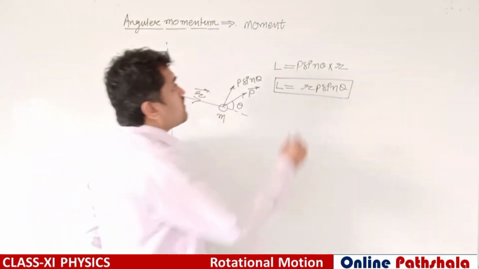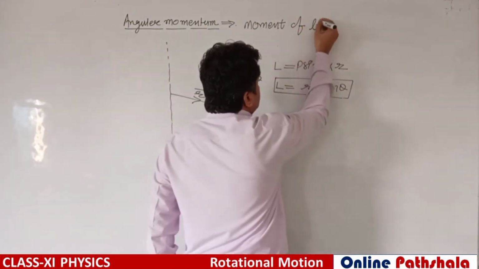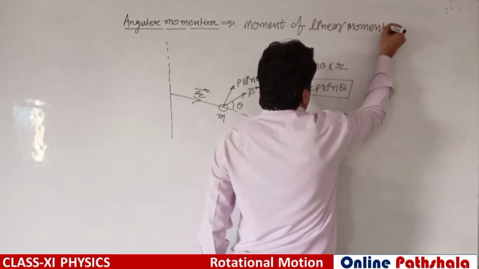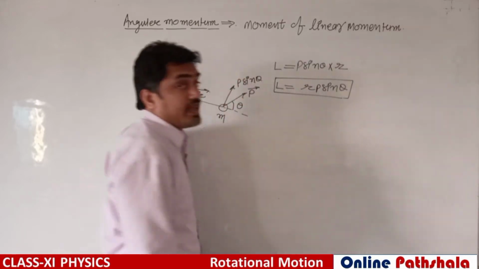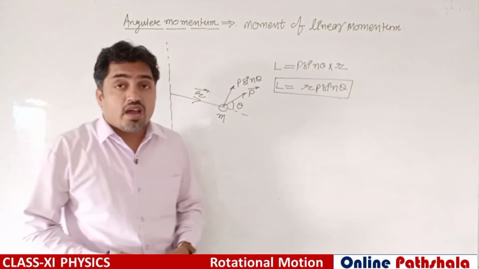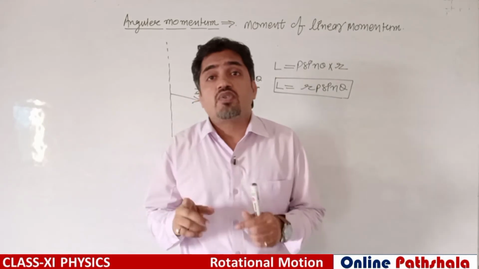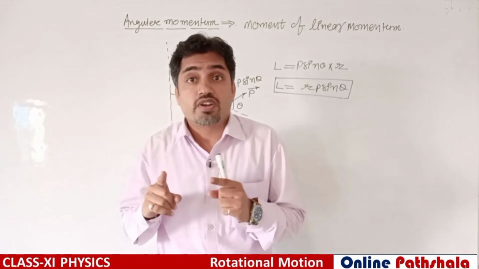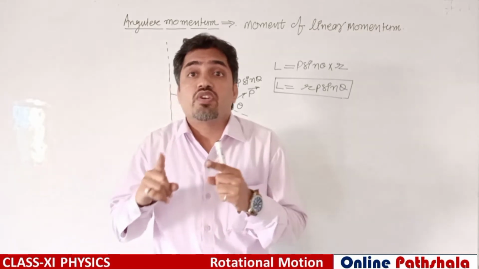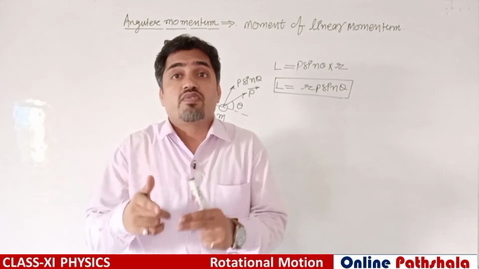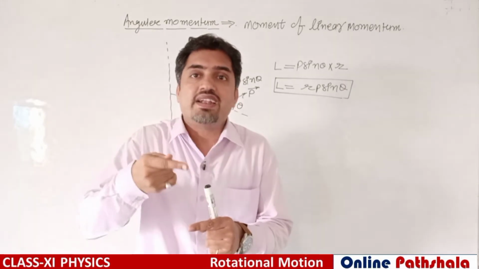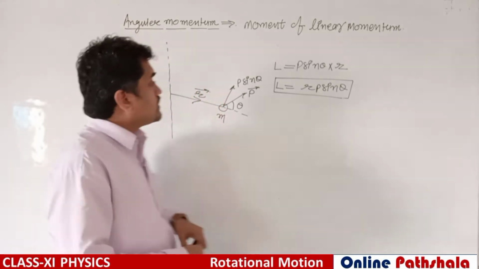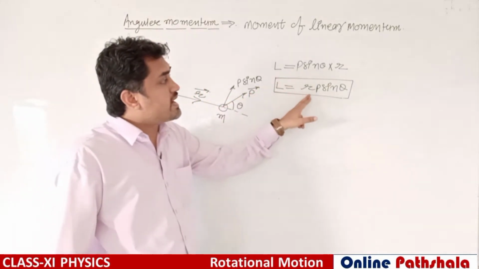So moment of linear momentum is called angular momentum, and this angular momentum we have to consider for point mass, for rigid body, for translatory motion and for the rotational motion. The concept of angular momentum is also valid for translatory motion and rotational motion. So L is equal to r p sin theta.